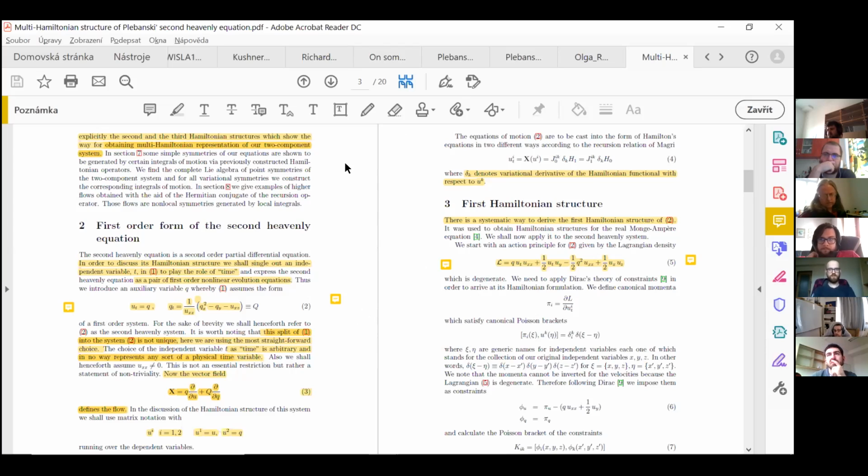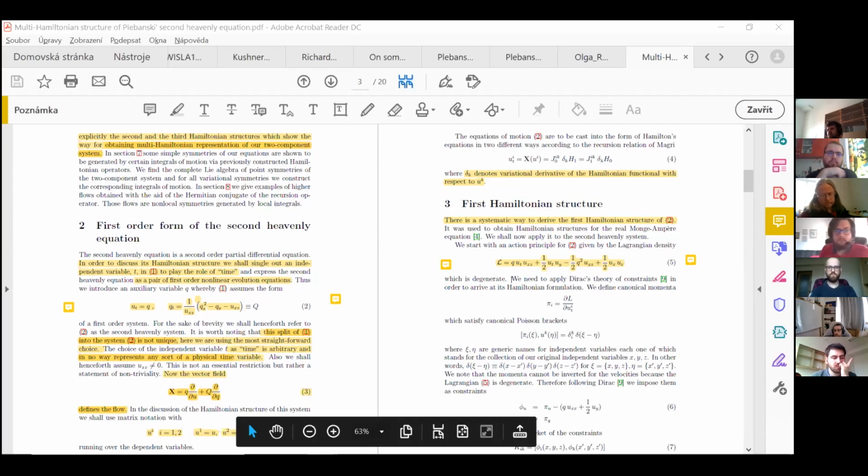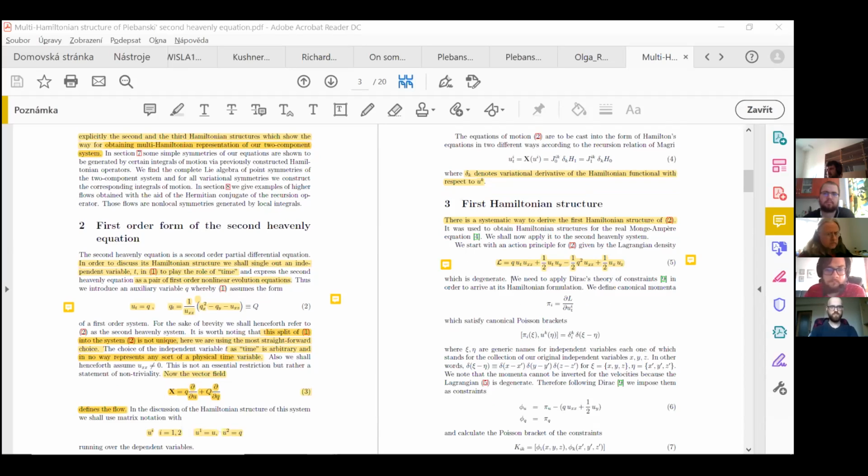If you're interested, I can share, or maybe here is the name: multi-Hamiltonian structure of Plebanski. Can you hear me now? Was this better? Yeah, that's better. I'll do it next time.